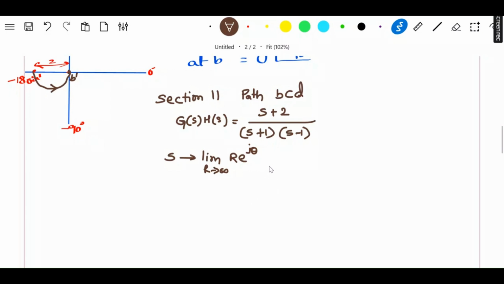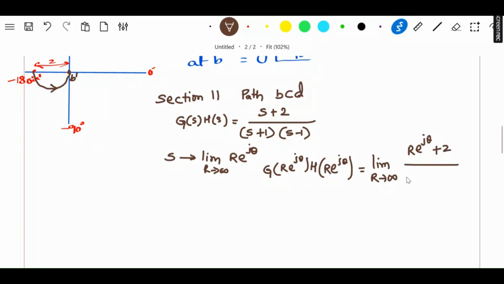So what happens for g of s and h of s is now g of r e power j theta into h of r e power j theta equals limit r tends to infinity, r into e power j theta plus 2 divided by r into e power j theta plus 1 into r into e power j theta minus 1.